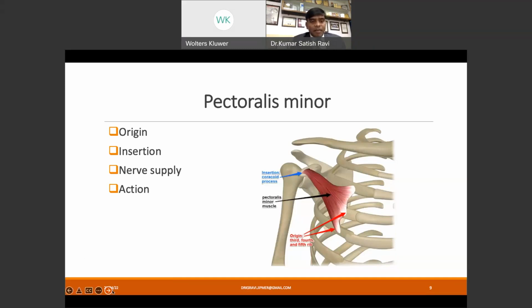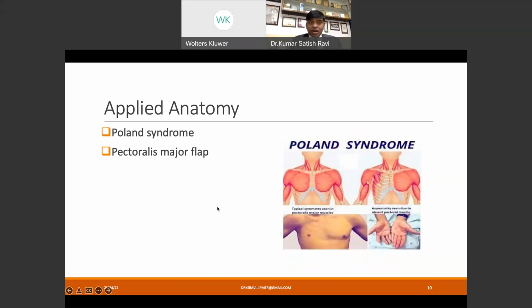Now, when we talk about the applied aspect of the pectoralis major, over here you can see the partial or the complete absence of the pectoralis major, which we call the Poland anomaly or syndrome, right? So there may be complete or partial absence of the pectoralis major muscle, and that is called the Poland syndrome.